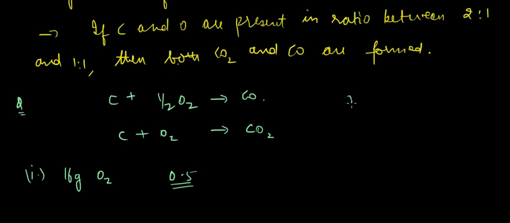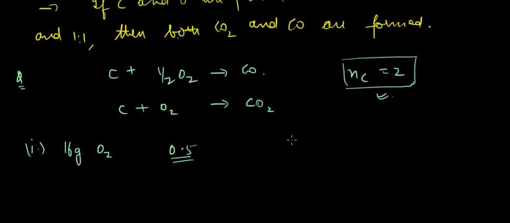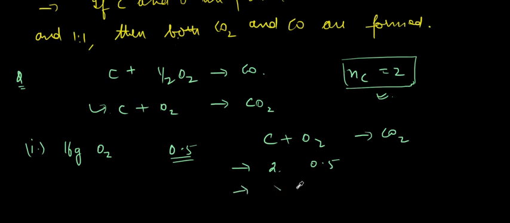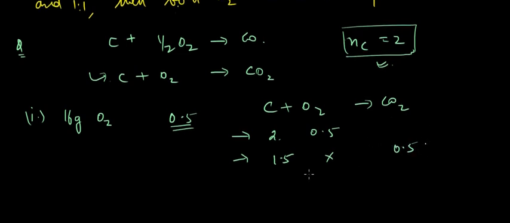Let's say the moles of carbon atoms given is 2. Let's see what happens when we go by the second reaction. C plus O2 gives CO2: 0.5 moles of oxygen and 2 moles of carbon. After the reaction, 1.5 would remain of carbon; the oxygen would be exhausted and 0.5 of CO2 would be made.